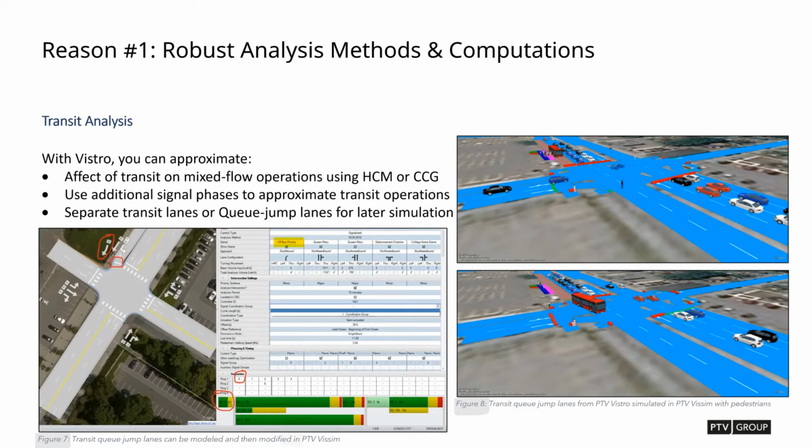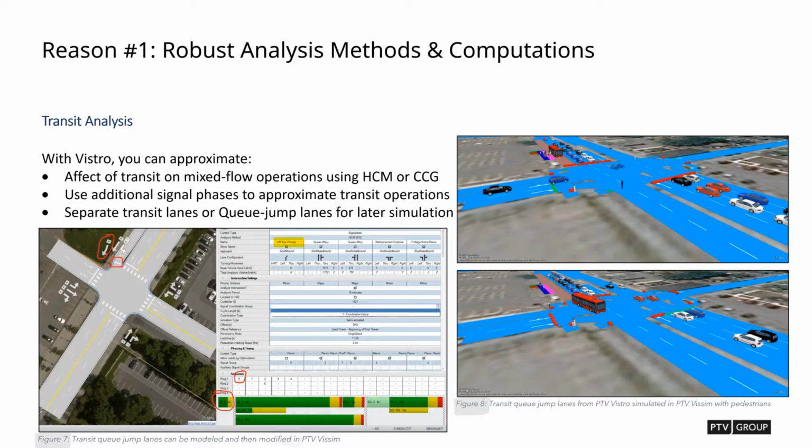Additionally, from a transit perspective, within Vistro, you can begin to analyze effects of transit, not just in the traditional ways of how transit vehicles affect automobiles through saturation flow adjustments based on close proximity bus stops, but also looking at setting up things like separate transit lanes for queue jumps and so forth.